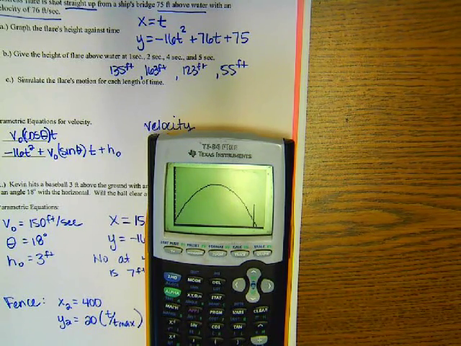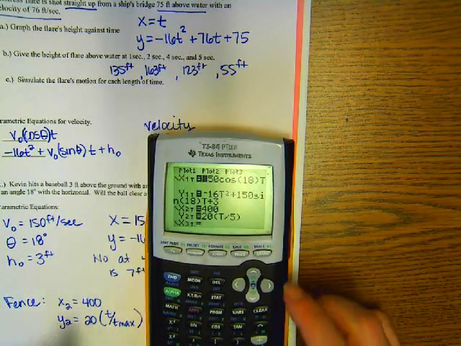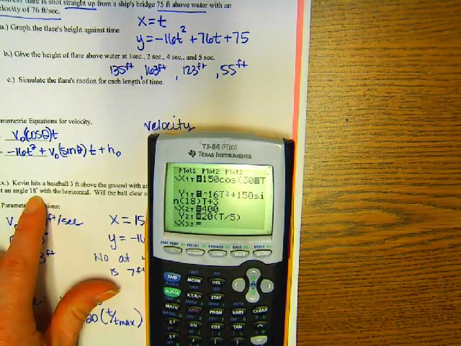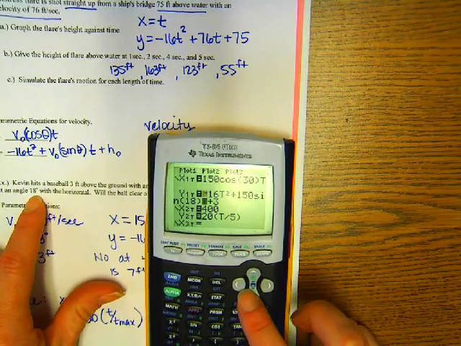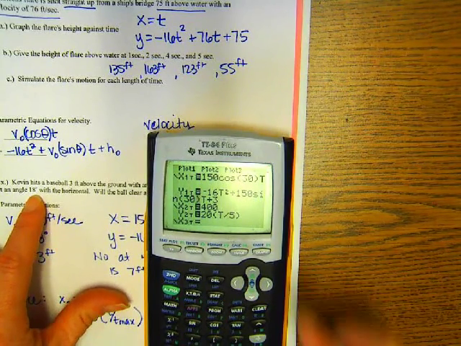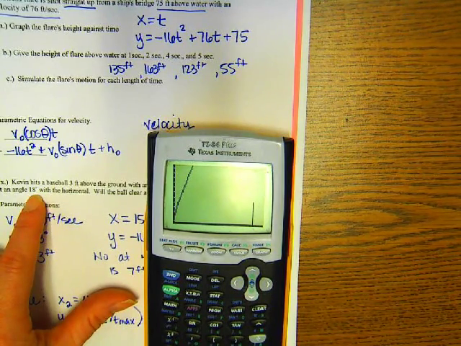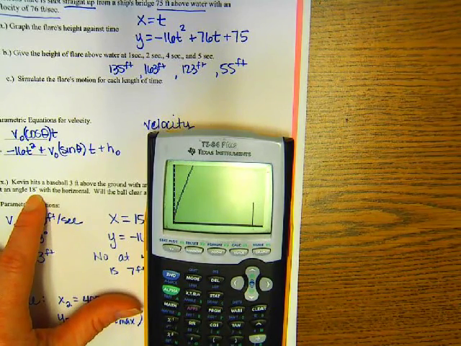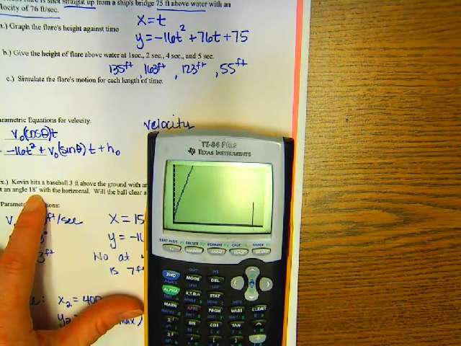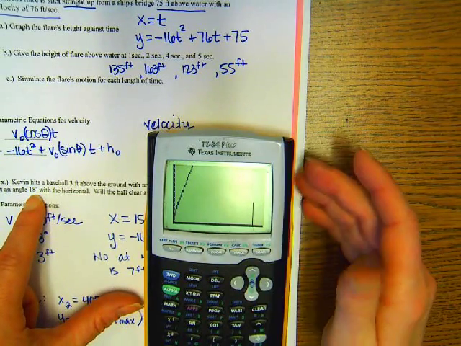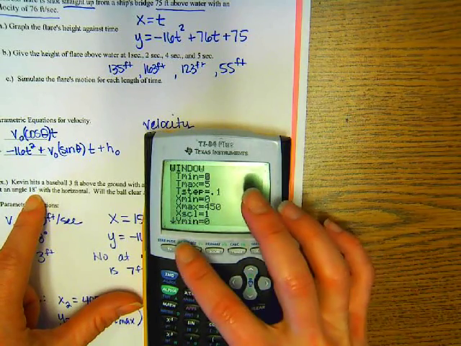Okay, so let's say, you don't have to do this, I'm just going to play around with it. Let's say he hit it at a 30-degree angle instead, with the same initial velocity. Let's see if it would clear it now. Uh-oh. Looks like it did. So let's go back to 18.